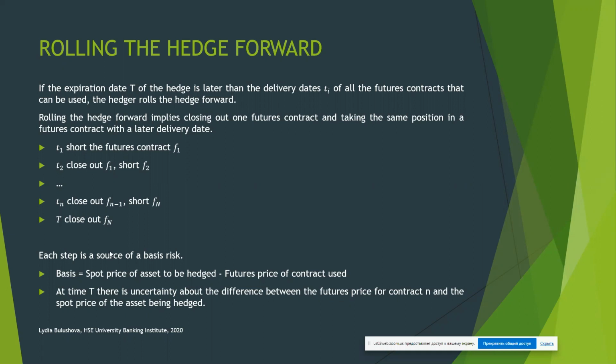So each step in this long rolling game is a source of basis risk. And this position can be just drained because of a margin call, or drained because of the lack of funds to maintain it.